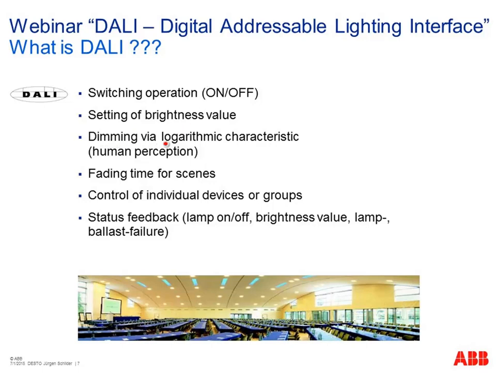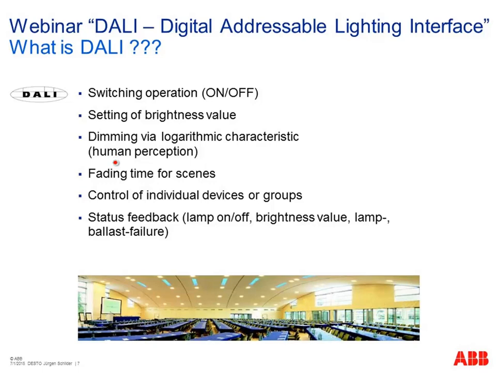The way of dimming is very smooth, very comfortable for the human being, because the dimming curve is adapted to the sensitivity of the human eye. So you see a very even, very smooth dimming process from very low levels to the maximum, a further advantage of the DALI solution.